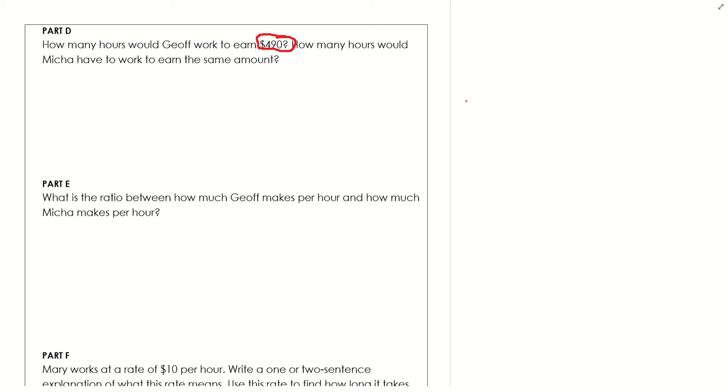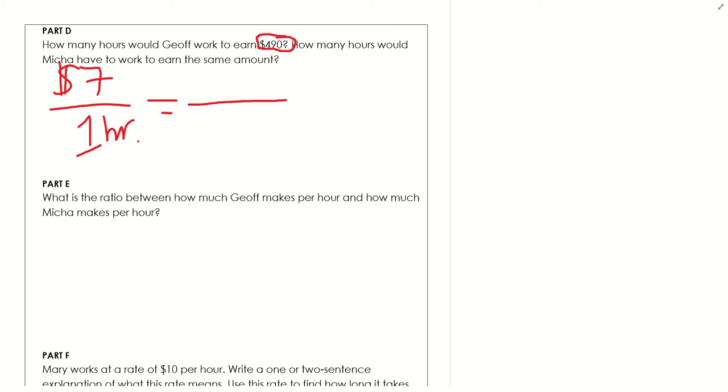So if I know that I can earn $7 in 1 hour, and I want to earn $490, I need to write equivalent ratios to help me figure this out. So I need to say, all right, I know I can earn $7 in 1 hour.